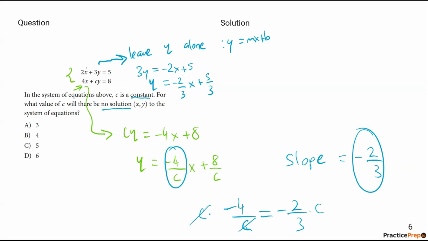You're going to have negative 4 is equal to negative 2 over 3 C. And then you can multiply both sides by 3 and divide them by negative 2. So you're going to have C is equal to negative 4 times 3 divided by negative 2. And that's going to give you negative 12 divided by negative 2, which is just 6. So C is 6.